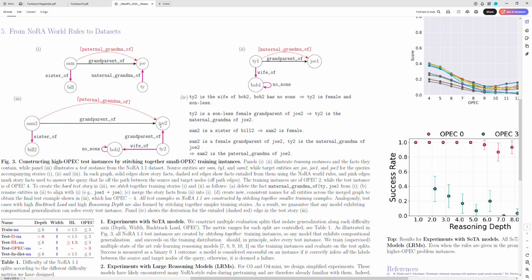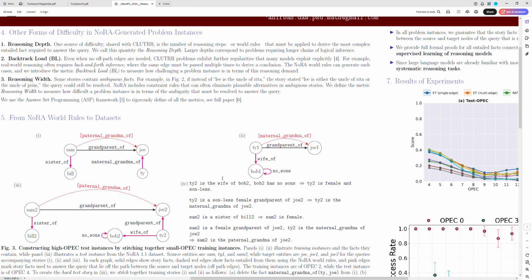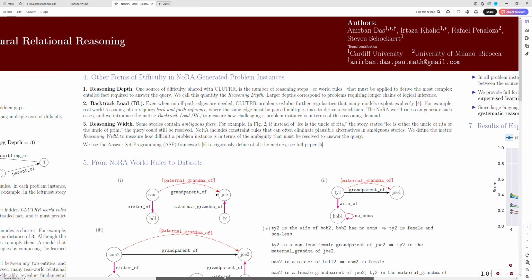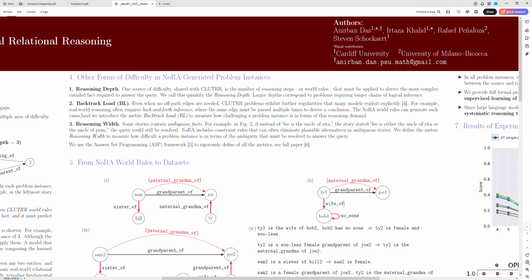Also, since test instances are formed by gluing together training instances, if a model can solve the small training instances, it should be able to solve the large test instances as well. Finally, this off-path reasoning is not the only new kind of difficulty or reasoning challenge that we discuss in this paper.